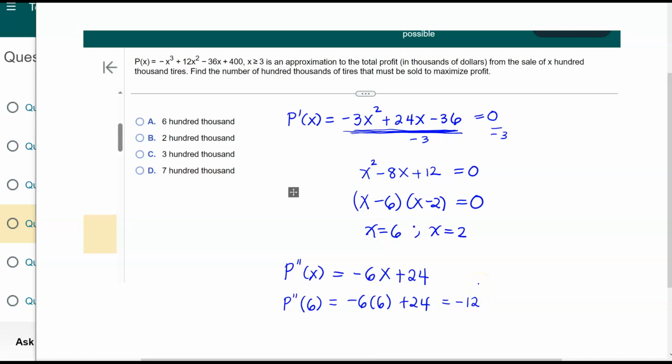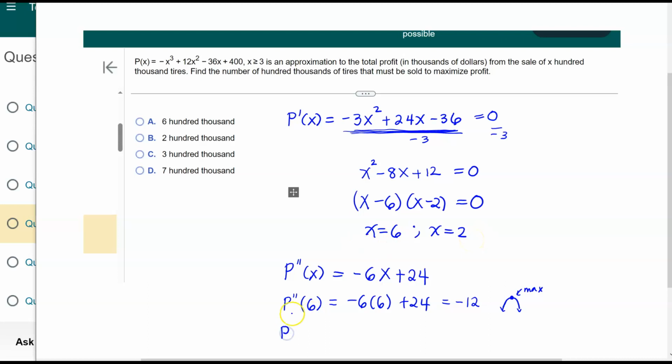Now, we know through the second derivative test that if the second derivative is negative, the function is concave downward at that point. So if it is concave downward at that point, then this point here is a maximum, because this could be a possible location that could be a maximum or a minimum.